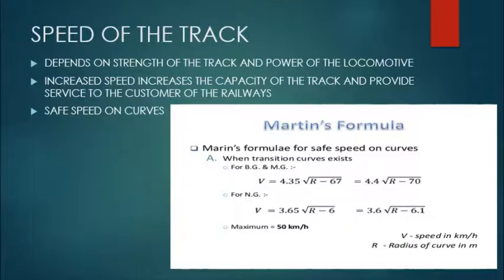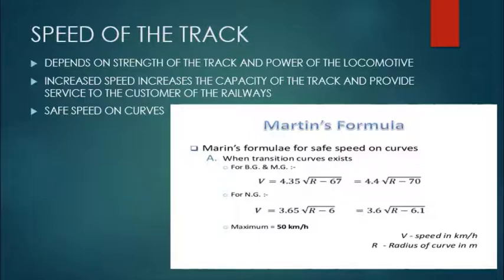For broad gauge and meter gauge, velocity V is equal to 4.35 root of R minus 67, that is, approximately 4.4 root R minus 70. We converted that value approximately to 4.4 and 70.